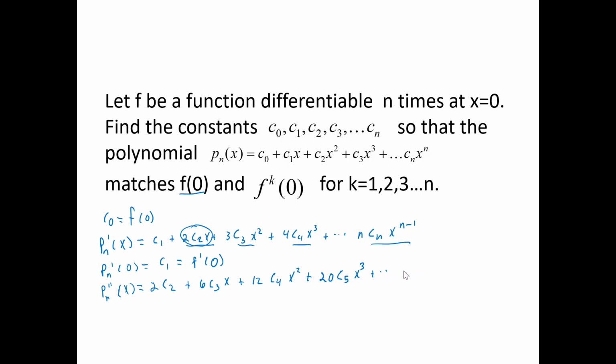And on this last one, you will have brought down the n, and then now you have the n minus 1, and then you have the constant Cn, and now n minus 2. But when you go ahead and put in 0, the only one that remains is the 2C2, because all of these other ones will go away.